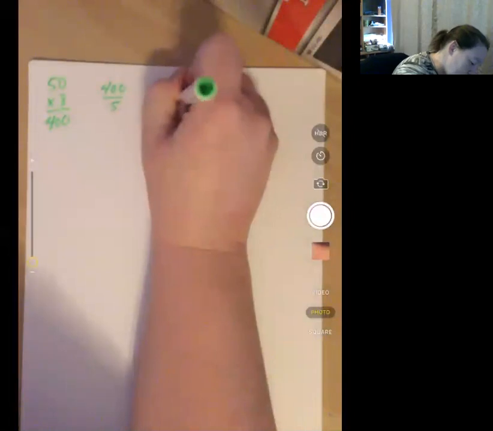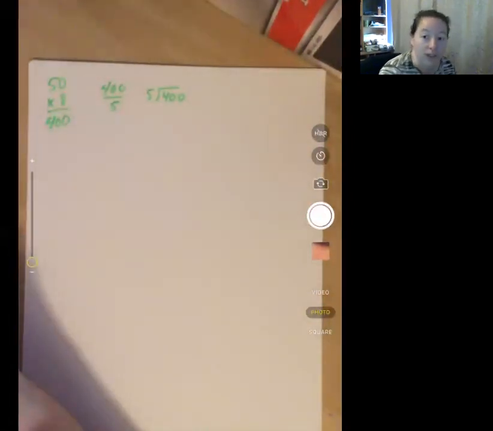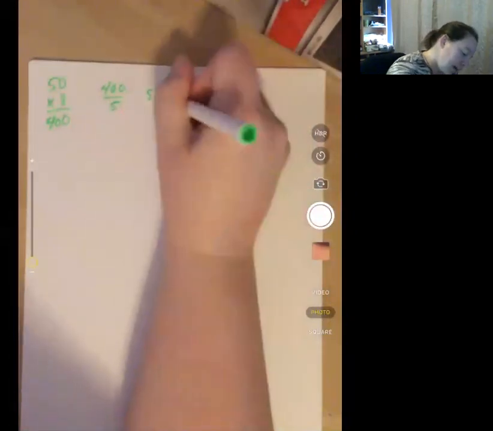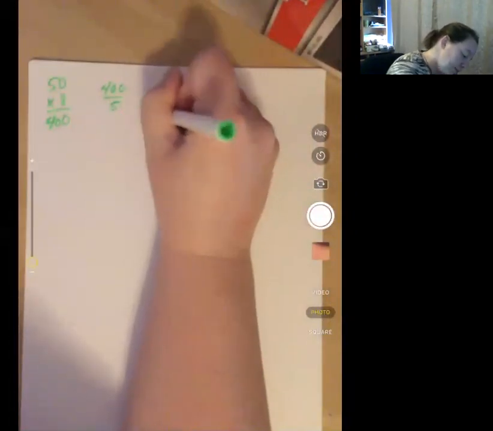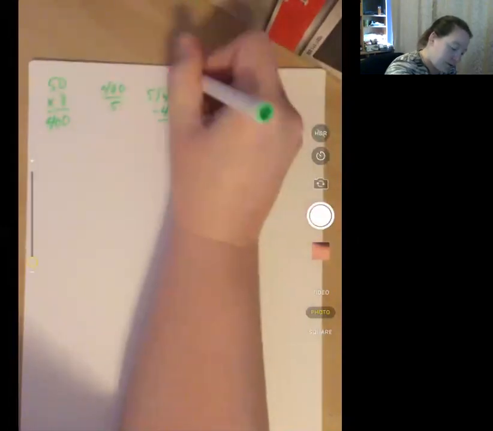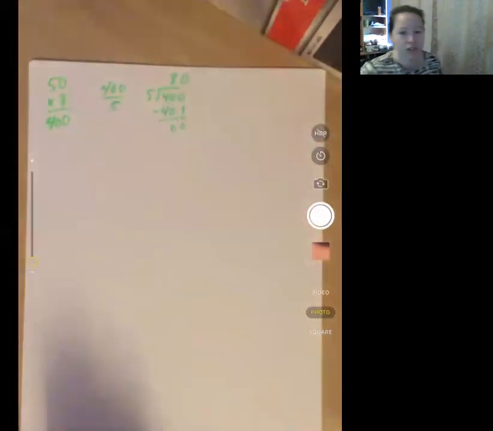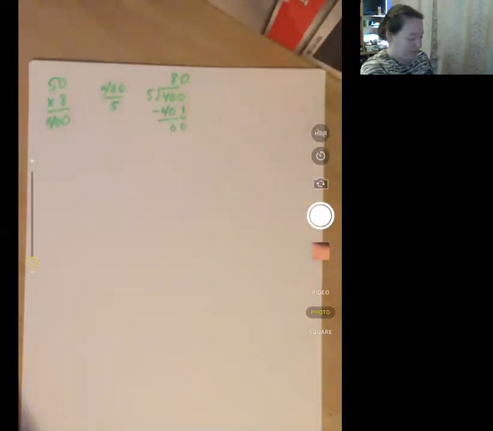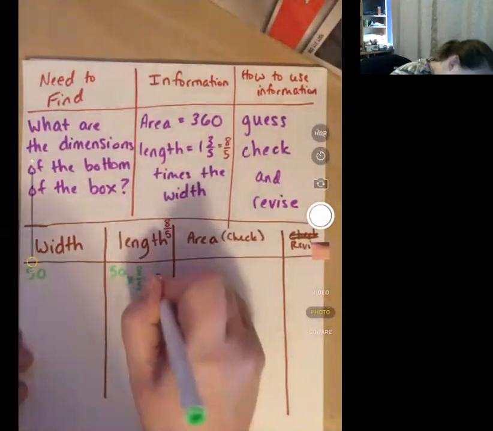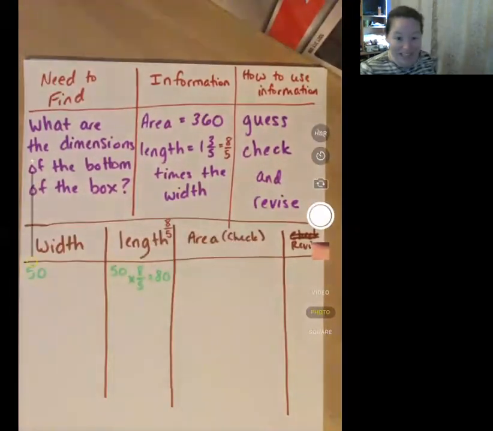5 into 400. 5 goes into 40 how many times? 8. 8 times 5 is 40. 40 minus 40 is 0. Bring down the 0. 5 goes into 0 0 times. So we have 80. So when I come over here, 5 times 8/5 gives us 80.